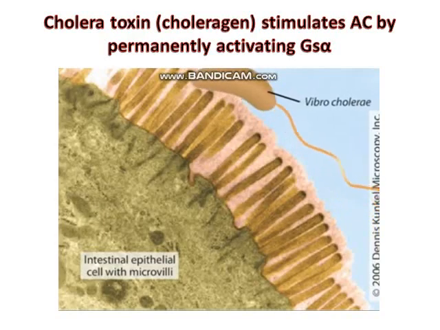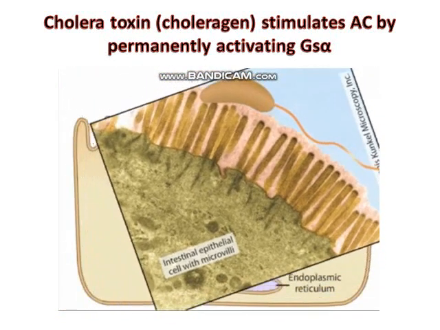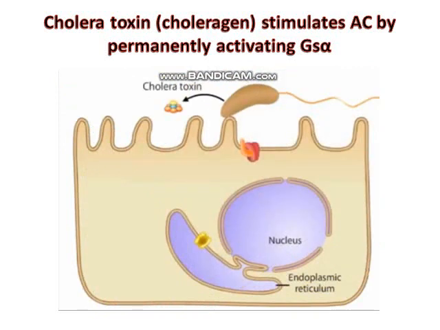Cholera is a life-threatening disease marked by severe diarrhea. It is caused by a bacteria called Vibrio cholerae. In the intestinal cells, the bacteria secrete cholera toxin, which is made of two types of subunits, A and B. There are 5 copies of B and 1 copy of A. B helps in binding to the host cell receptors and A has the toxic activity.